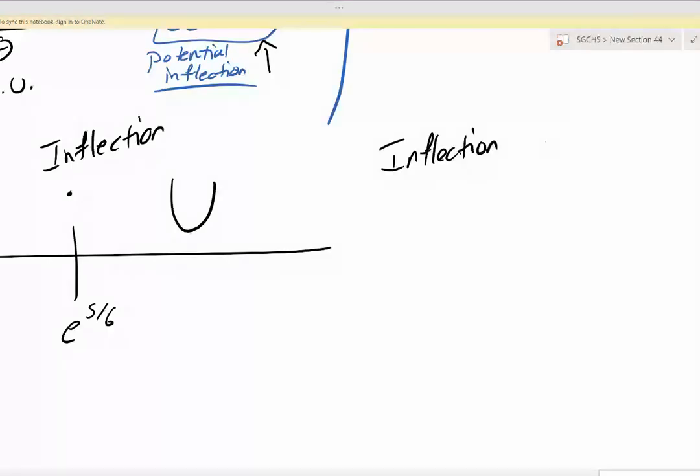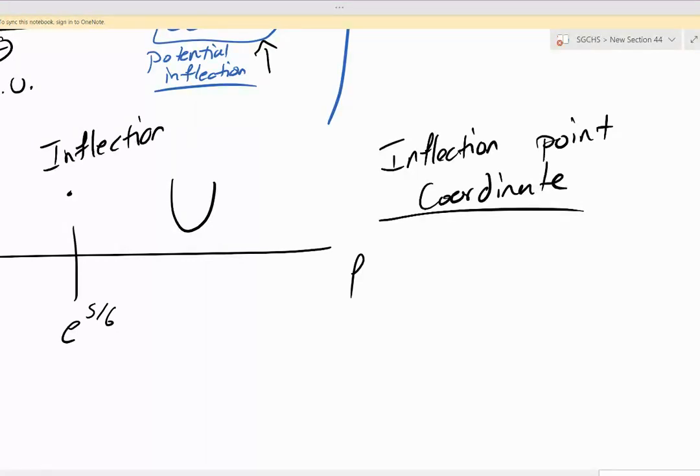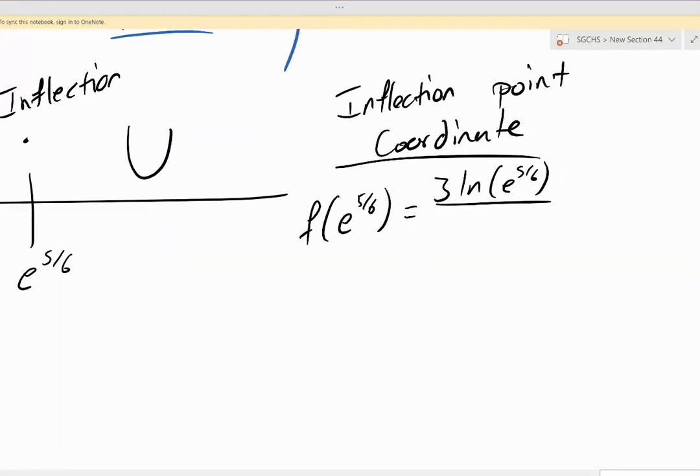Inflection point coordinate. So f at e to the power of 5 over 6 equals 3 ln of e to the power of 5 over 6 over x squared, so e to the power of 5 over 6 squared.